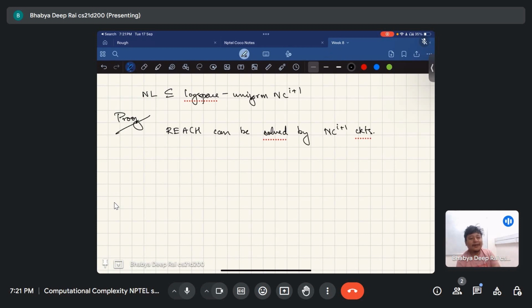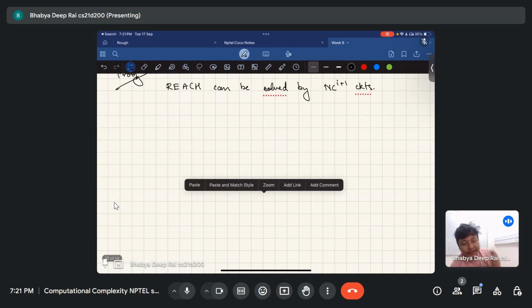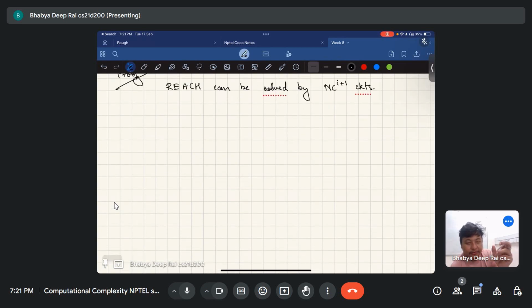To do this, I come back to an idea that we previously visited about 2 weeks ago, which was using matrix multiplication to talk about reachability. We saw it in 2 instances, and one instance was in showing that reachability can be done by BPL. That is, NL is contained in BPL.